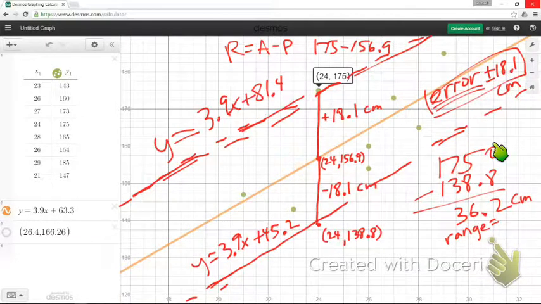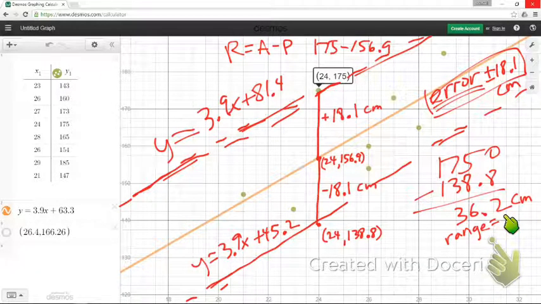Now, if you want to really think about this carefully, if we remember, the forearm was 26.4 centimeters long. That's a pretty long forearm.